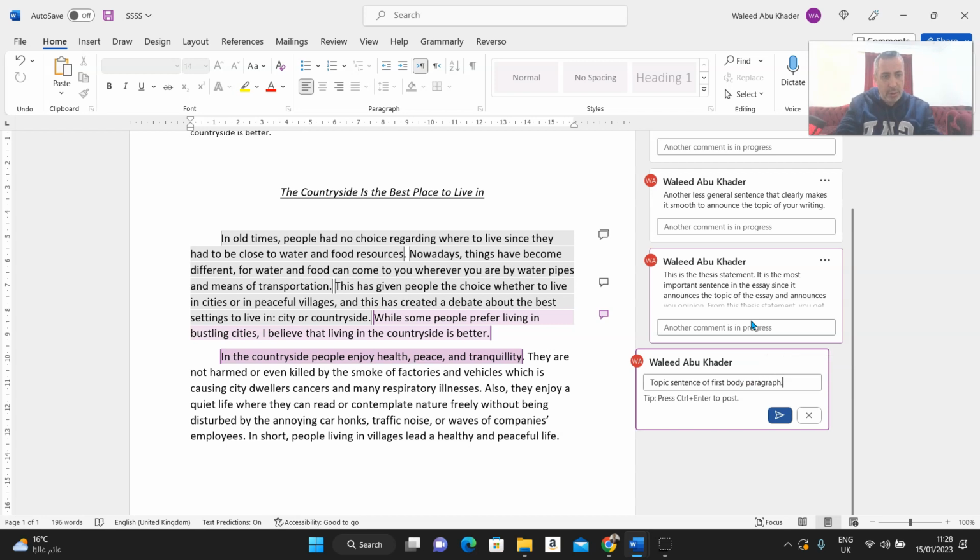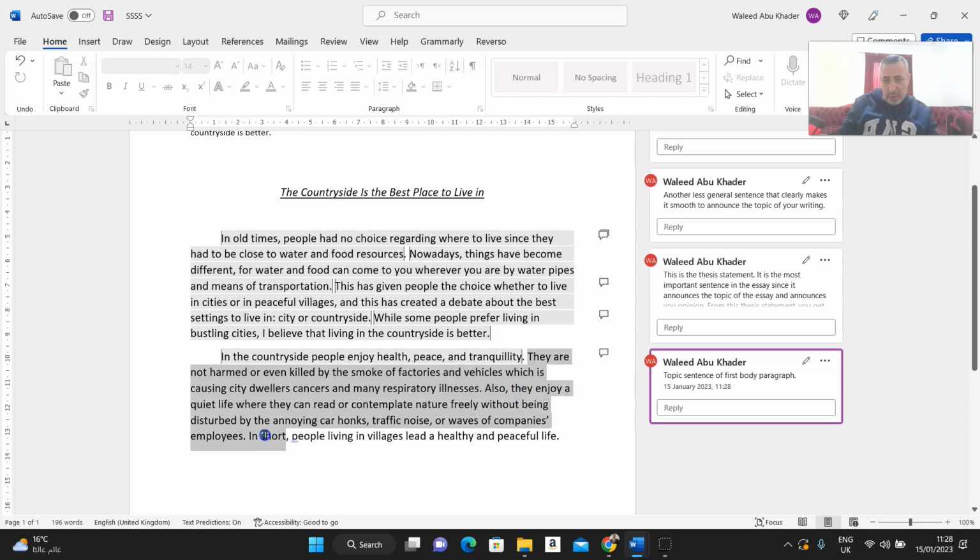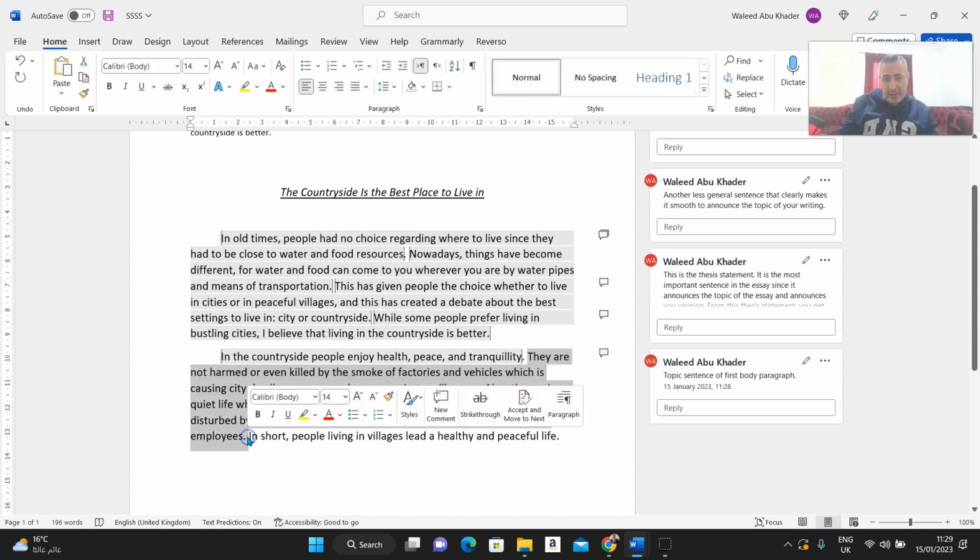Fine. So this is the topic sentence. Now, the whole paragraph is going to be talking about this topic sentence, explaining it, proving it, giving examples, okay? And all of these are called supporting details.